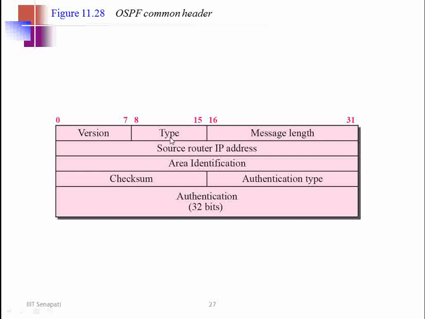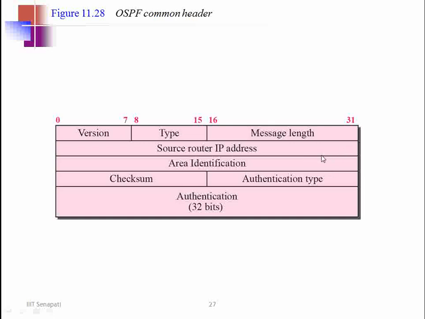Now the second field is type, which is again 8-bit. We already know that 5 types of packets are there, so it will have values from 1 to 5. Another thing is message length. It is a 16-bit field.